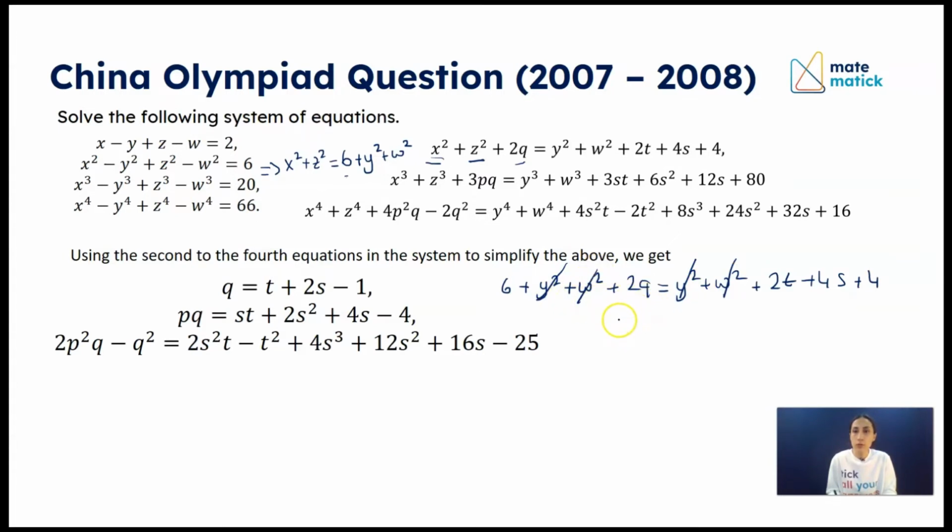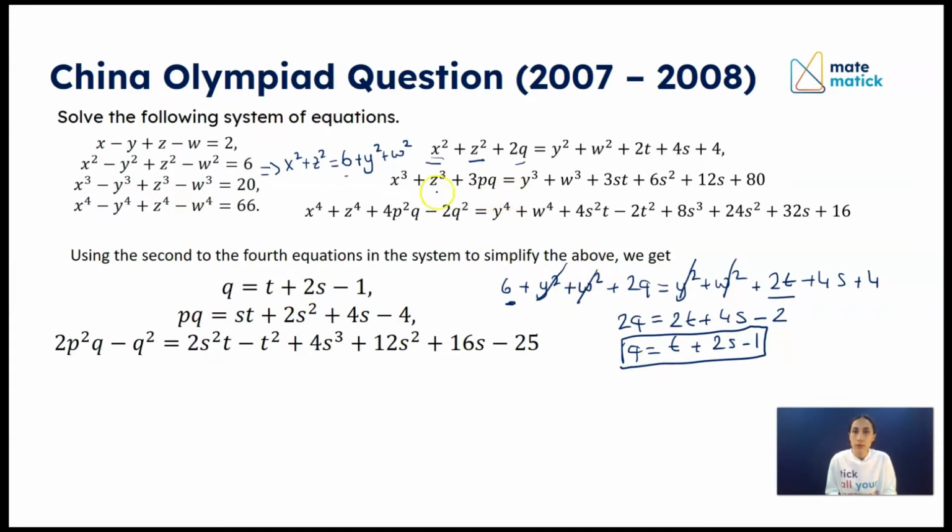So here we have 2q is equal to 2t plus 4s. And I will put this 6 to another side, and this will become minus 2. So when I divide each side by 2, we will get q is equal to t plus 2s minus 1. Okay, so this is how we get q.